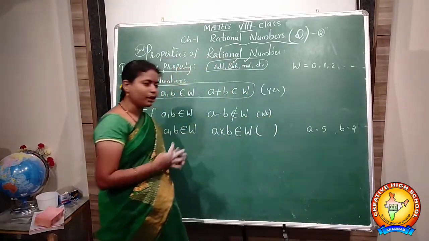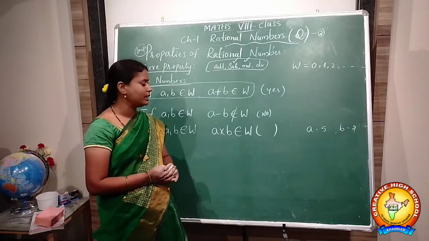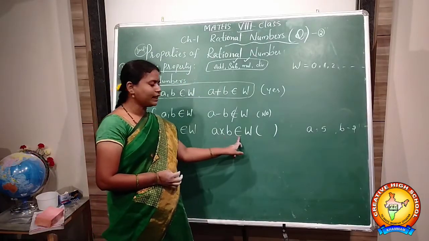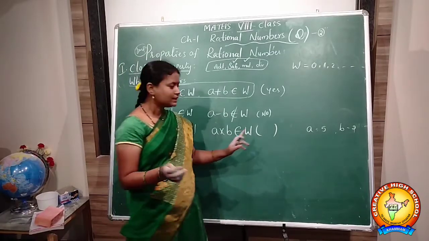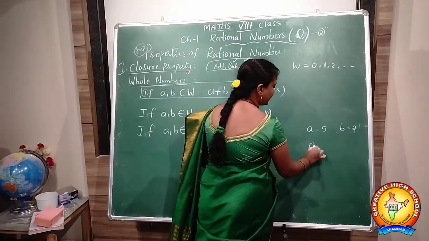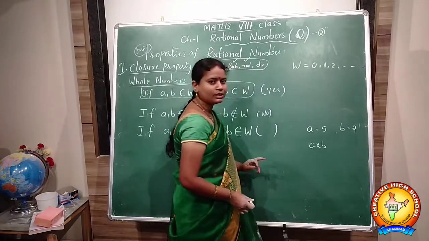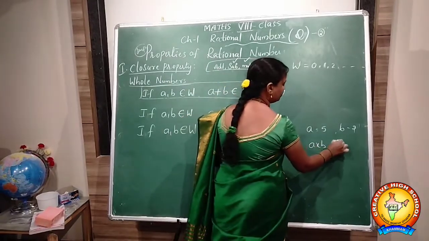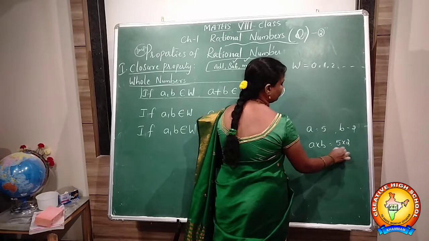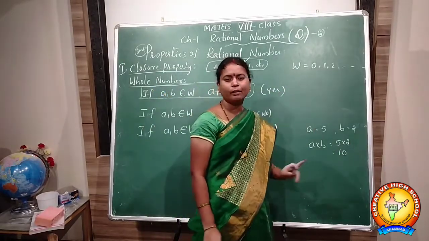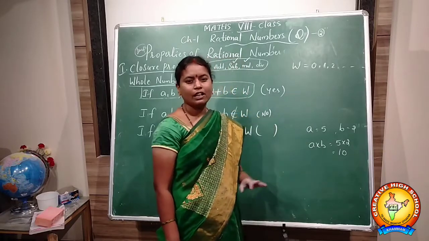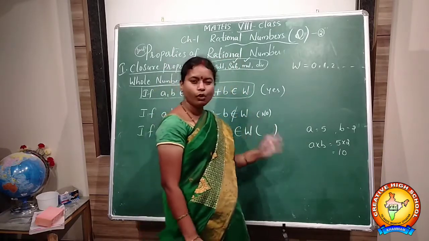So, when two numbers belong to whole numbers, does their multiplication, their product, also belong to whole numbers? See, when we multiply A into B, 5 twos are 10. Is 10 also a whole number? Yes, 10 also belongs to the set of whole numbers.